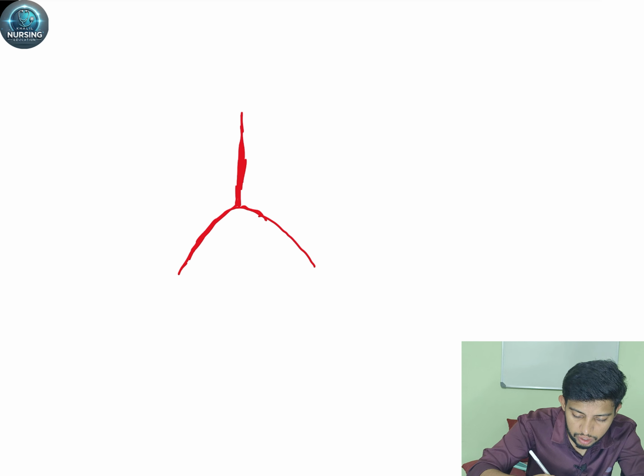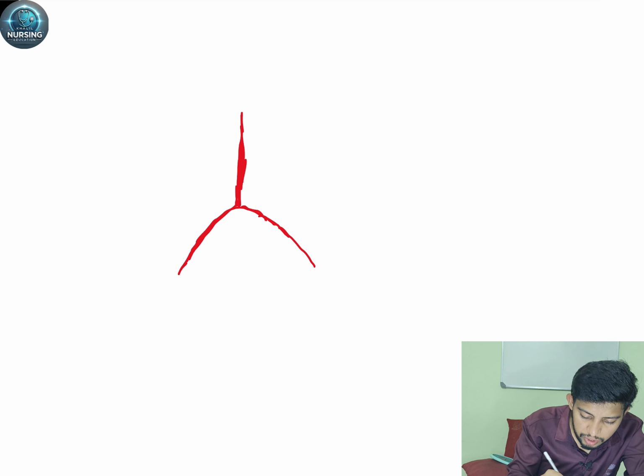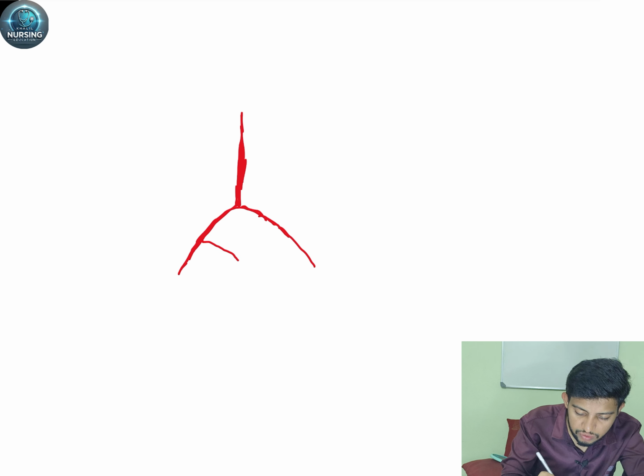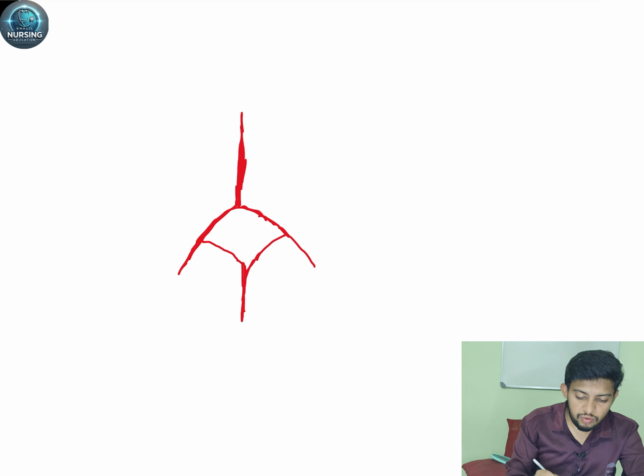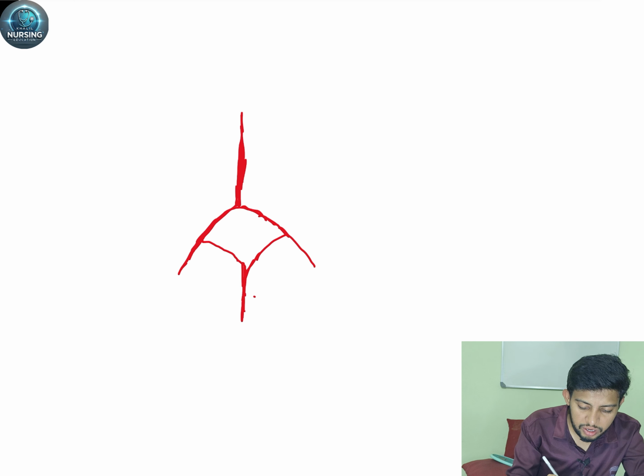Next, the vertebral arteries in the anterior aspect give off a branch to the standing Y. That standing or vertical Y is the anterior spinal artery.